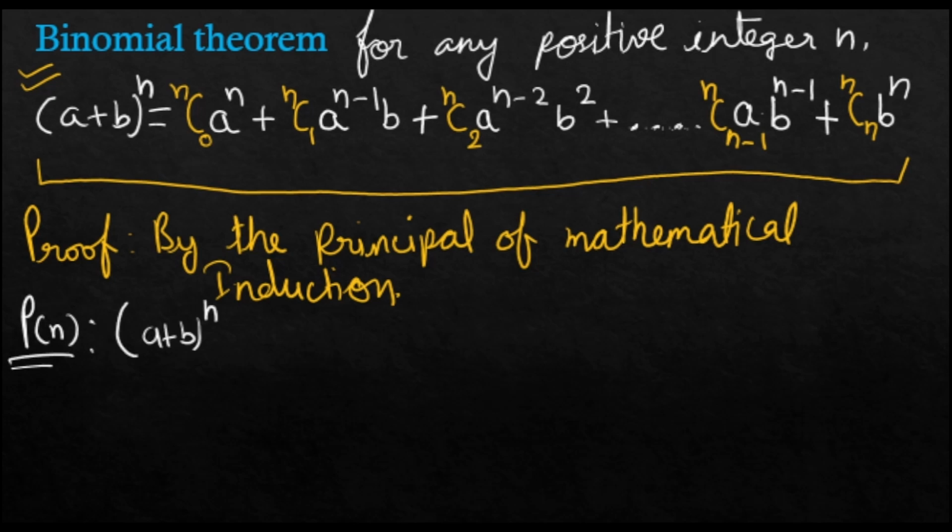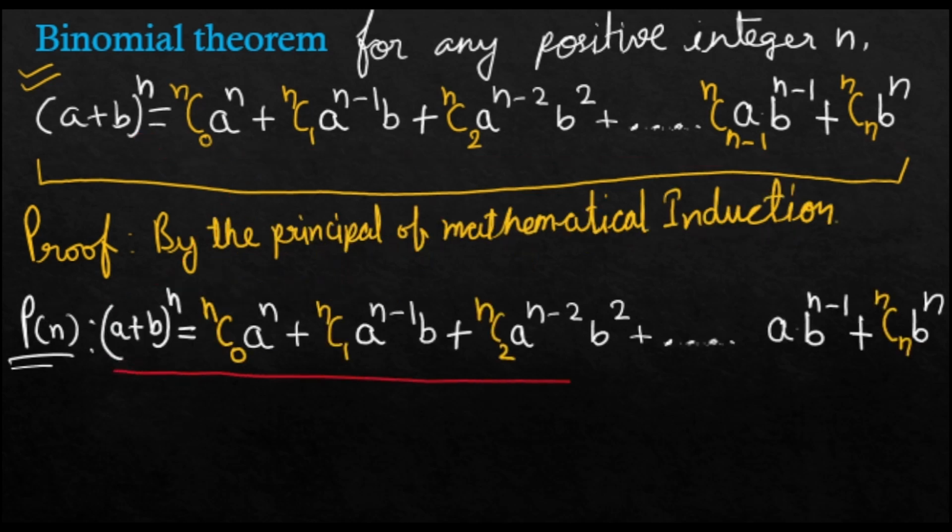That is, Pn is such that a plus b index n, and we know what the expansion of a plus b to the n is. This is the expansion of a plus b to the n, just like here.